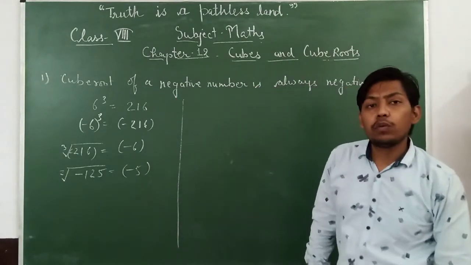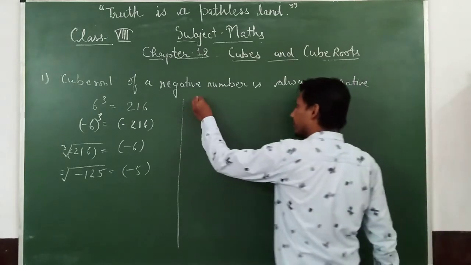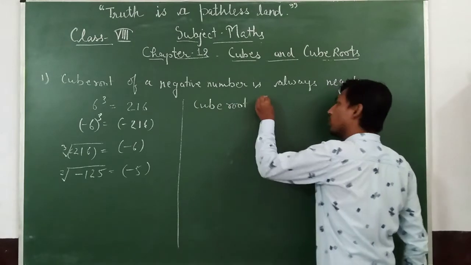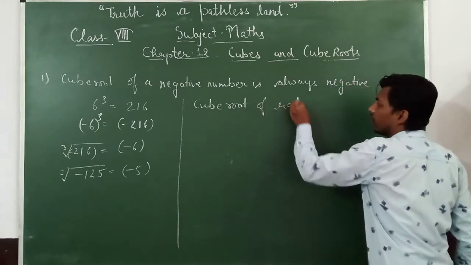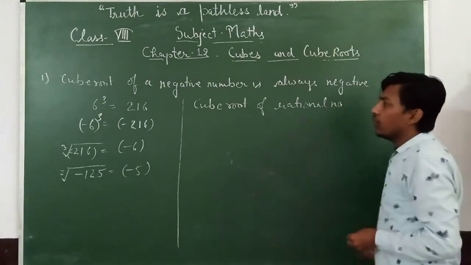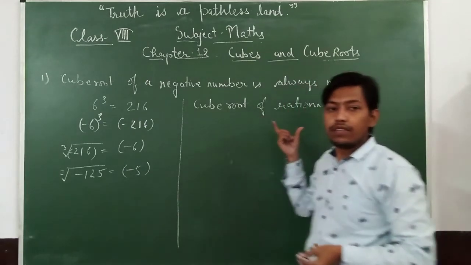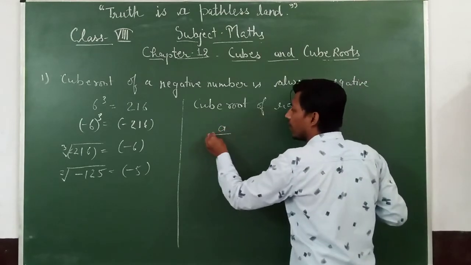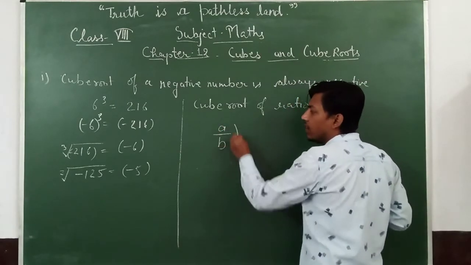How can we find the cube root of rational numbers? Let's take an example. A upon B is a rational number.